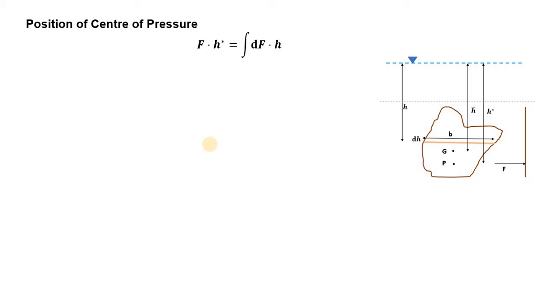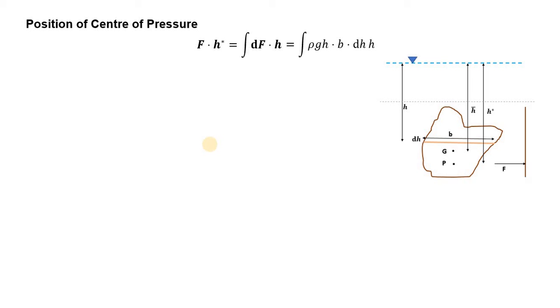Now if we go with the principle of moments, one can very easily write F into h star equals integration of dF into h. So on the right hand side, it's the summation which is expressed in terms of integration, and on the left hand side we have F, which is the prime force here, the hydrostatic force, into the distance, which is h star. Okay, so integration of dF into h is nothing but integration of rho g h b into dh into h.